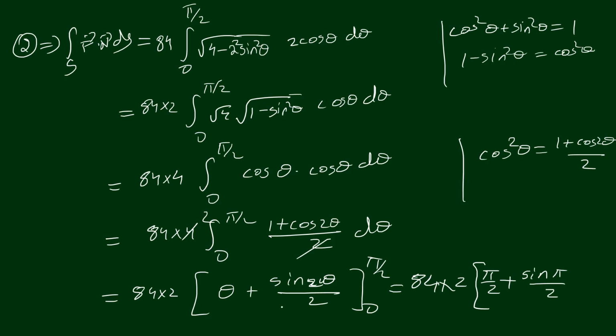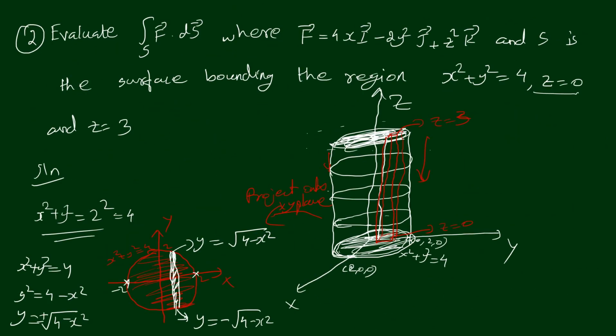If we put the lower limit, it will become 0, and sin 0 is also 0. What is sin pi actually? Sin pi goes to 0. So we have only pi by 2. So that 2 and 2 cancel, and we'll get 84 pi as the answer.